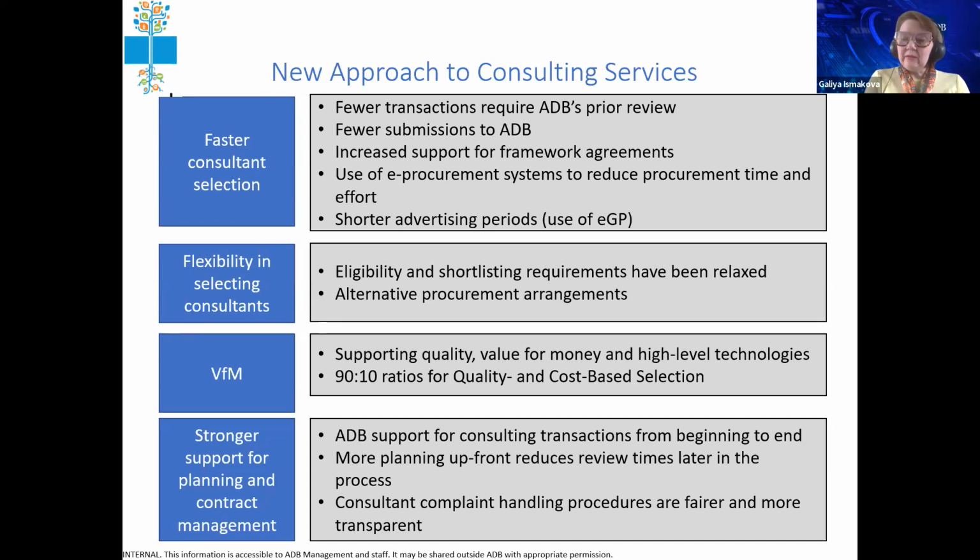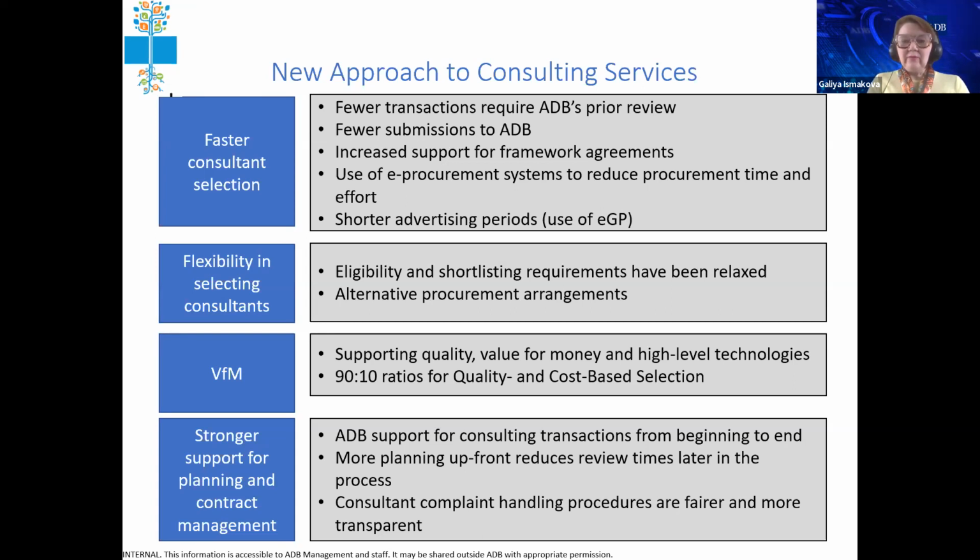If we compare the pre-2017 guidelines with the new procurement policy, previous guidelines specified that no more than 2 companies from the same country could be shortlisted. And in some countries, it created huge difficulties, including, for example, in the Pacific. So we realized that the shortlisting actually needs to be more specific to market interest in the proposed assignment.